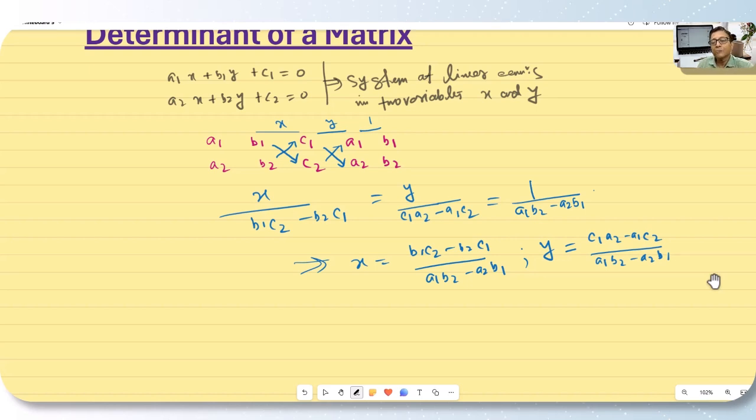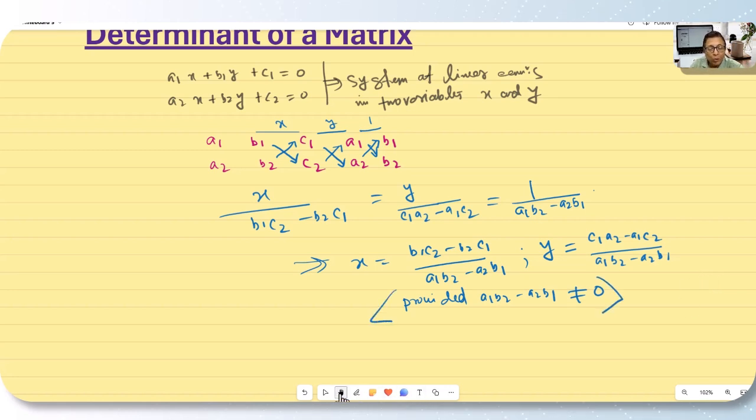This solution is possible provided a1 b2 minus a2 b1 is not equal to 0.